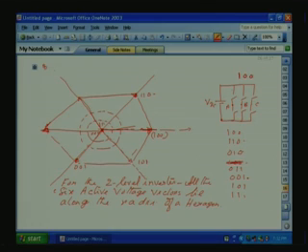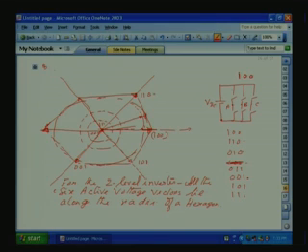Now, what is the maximum circle we can inscribe? That means it touches these points. This is the maximum radii possible. Sorry, it has to touch here. So, what is the maximum radii of the voltage space vector, or the amplitude of the average variation for the rotating voltage space vector?